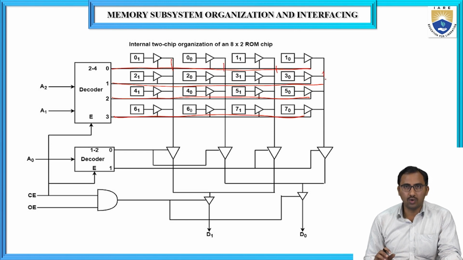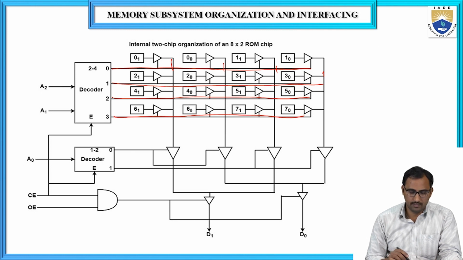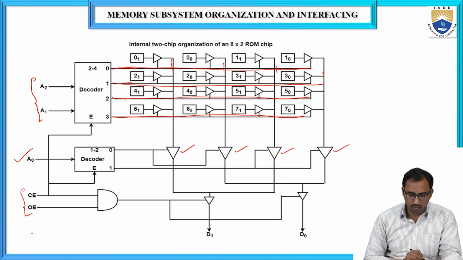That means in total it contains 16 memory locations. These rows we can decode using the address lines A1, A2 and A0 in order to enable the pass transistors, the output buffers, and the CE, OE.